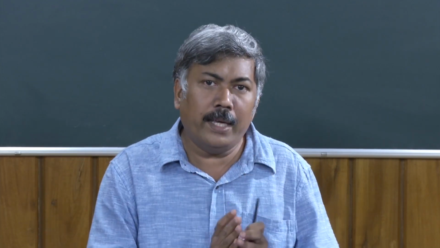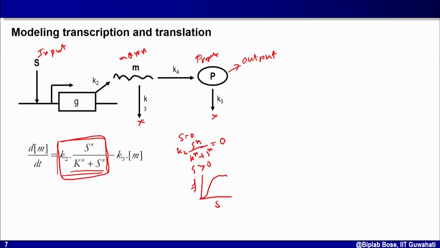So when I multiply that with k2, the overall rate of transcription is also behaving sigmoidally and reaching the maximum value k2 at the maximum value of f, that is the Hill function. So this rate of transcription has a sigmoidal behavior with respect to s, and k3 into m is nothing but first order degradation of the mRNA.